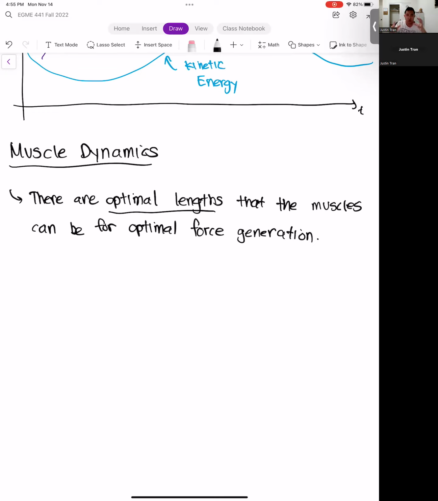There's a sweet zone, and if the muscle is too short, in other words contracted too much, or if it's too long, stretched too much, it limits how much force the muscle can generate. So there's a sweet spot in the middle where the muscle can produce optimal amounts of force.